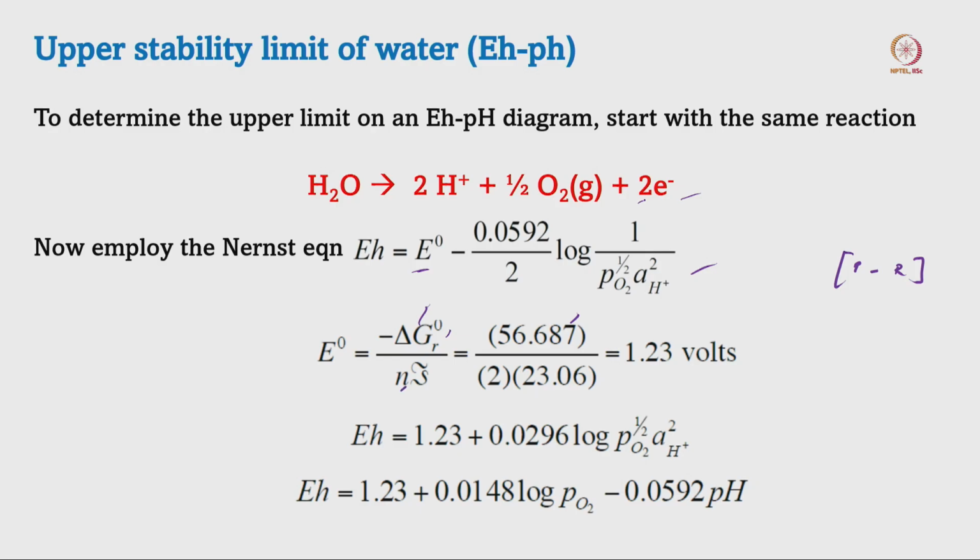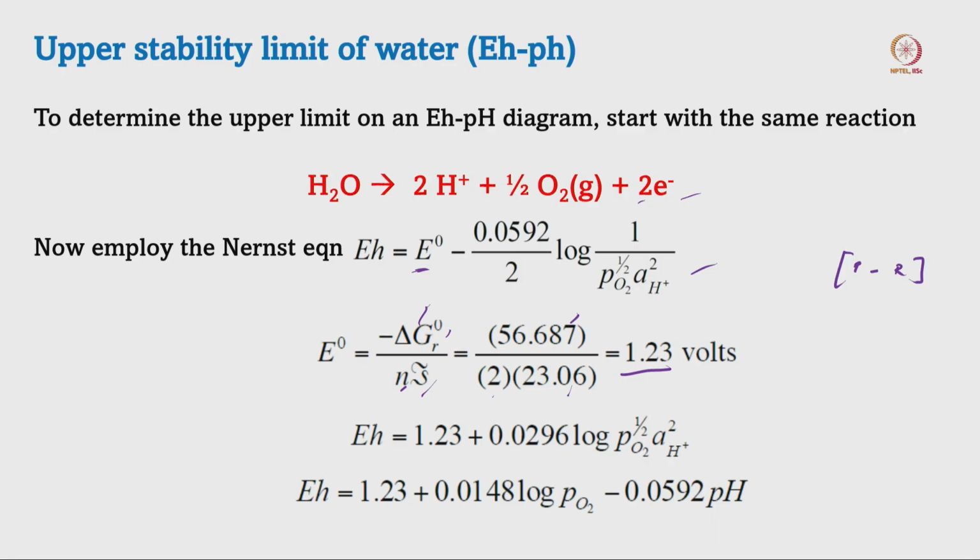So, here it is 2, so 2 into the Faraday constant. You find out that it is 1.23 volts. So, you plug in this value 1.23, minus 0.0592 divided by 2, which is 0.0296. Now let us separate out the PO2 term and the H plus term.